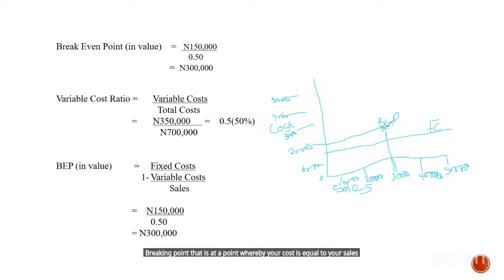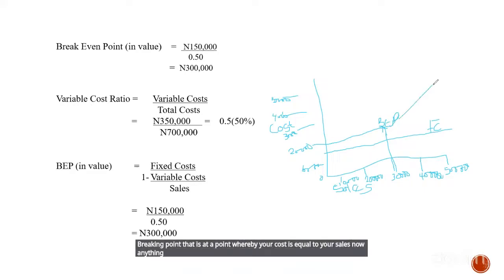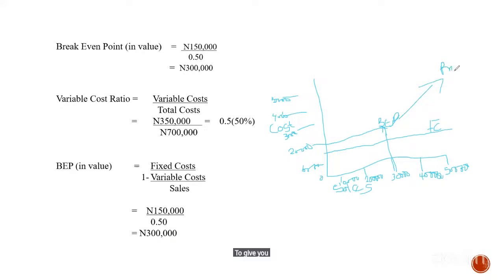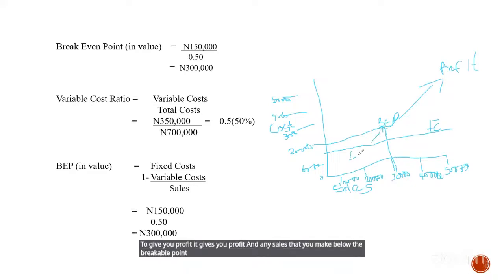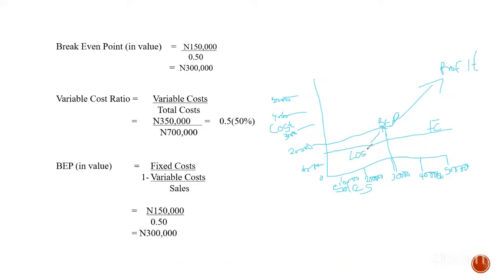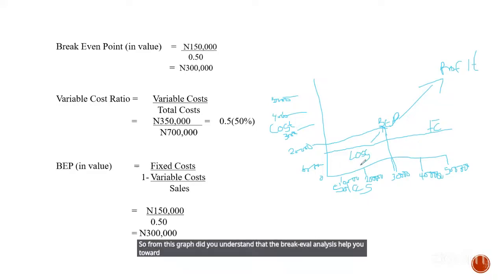Now, any sale you make to the right here gives you profit. And any sales that you make below the break-even point, you will incur a loss. So from this graph, you understand that break-even analysis helps you determine the level of activity that you want to achieve to make a certain level of profit.